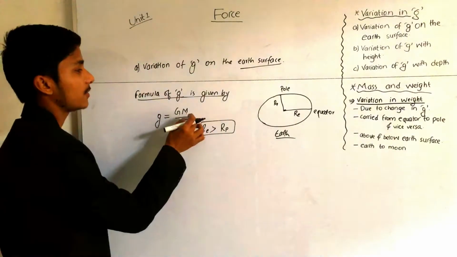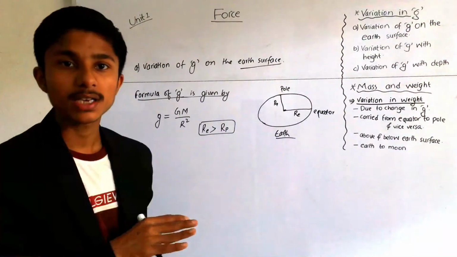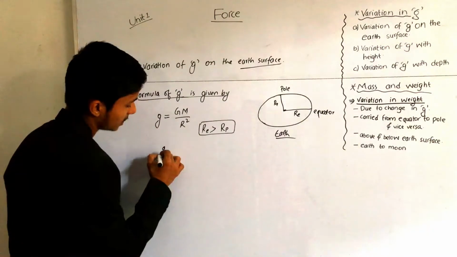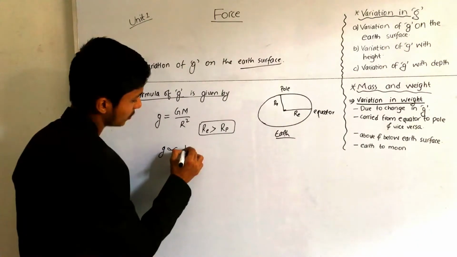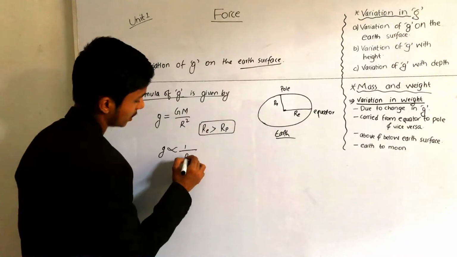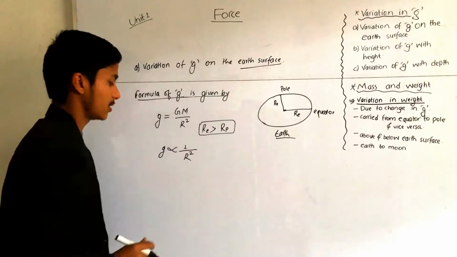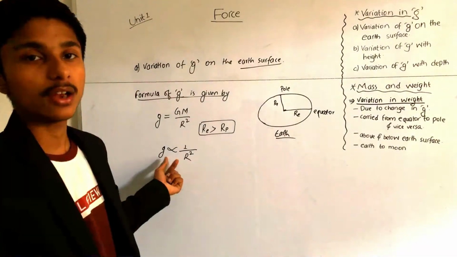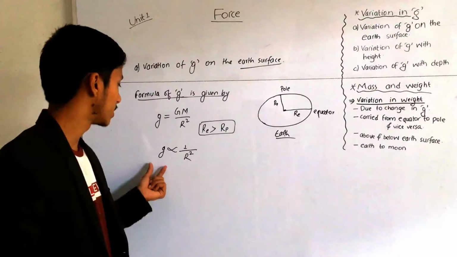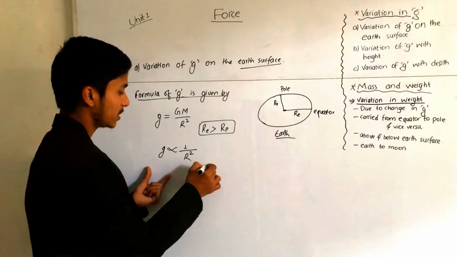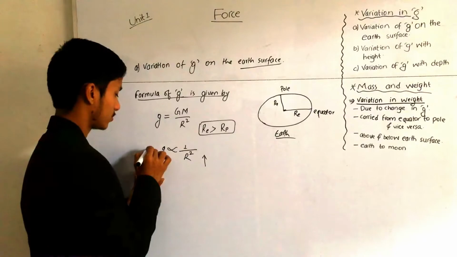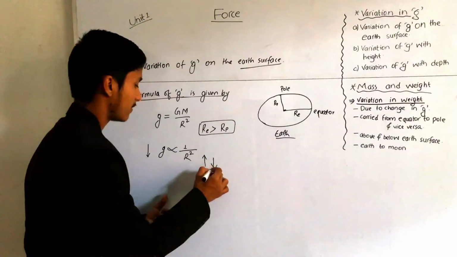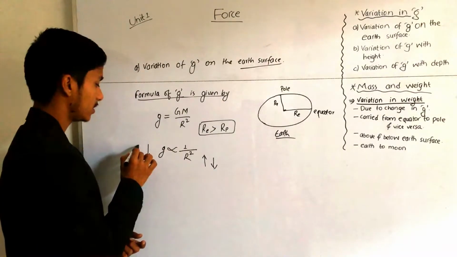Since the mass of the earth is constant, it doesn't get changed here. Therefore, acceleration due to gravity is inversely proportional to R square. It means when the radius of the earth increases, the value of acceleration due to gravity decreases, and when the radius decreases, the value of acceleration due to gravity increases.